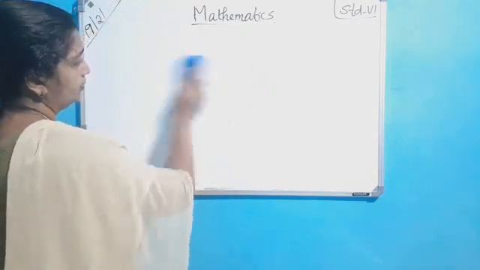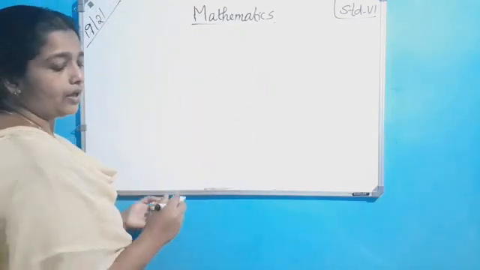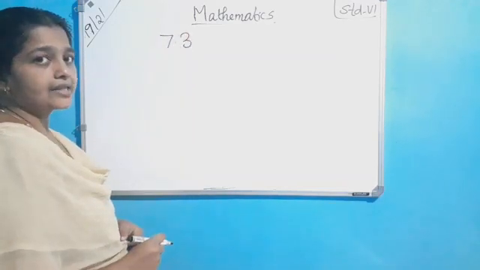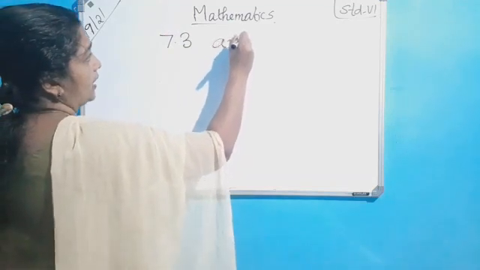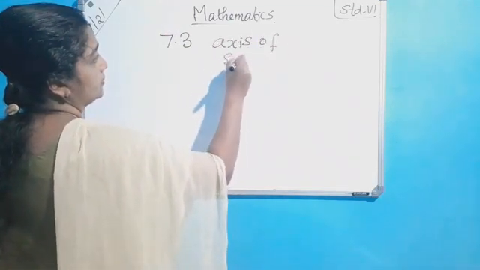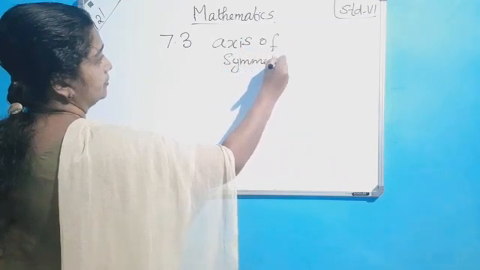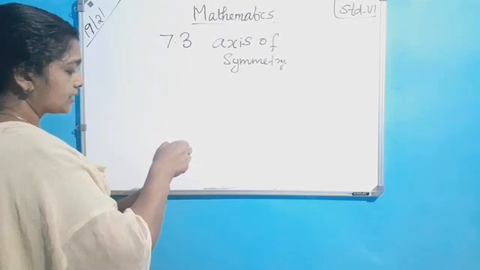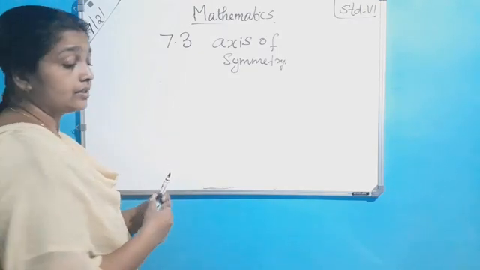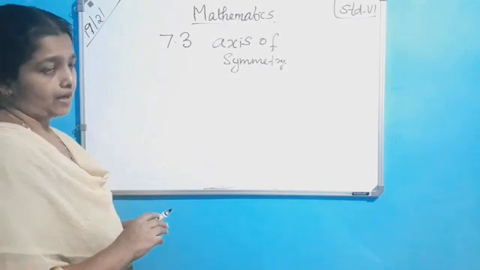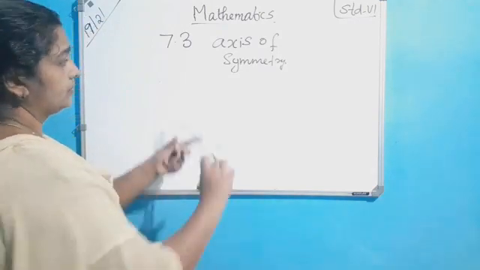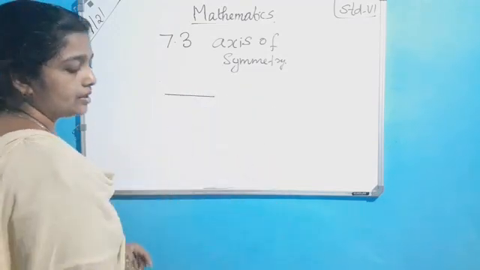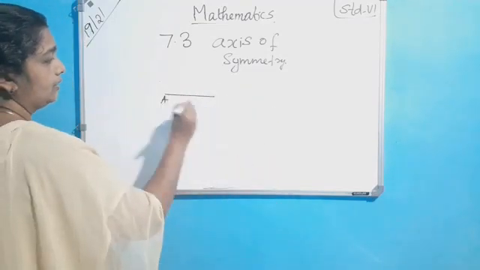Next one. Draw a line segment of length 7.3 centimeter and find its axis of symmetry. Please listen here. You must do the correct steps, otherwise you will not get the mark. First, take the scale and draw 7.3 centimeter. That is AB.